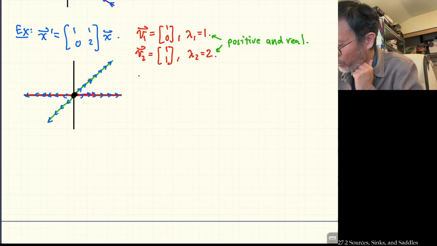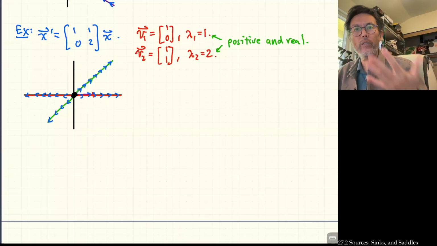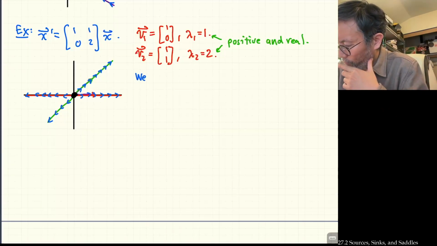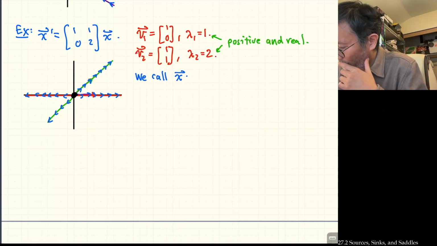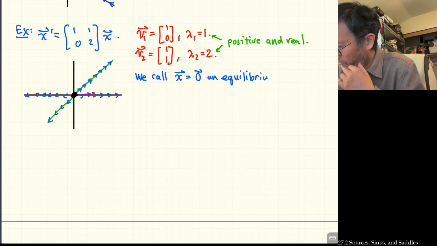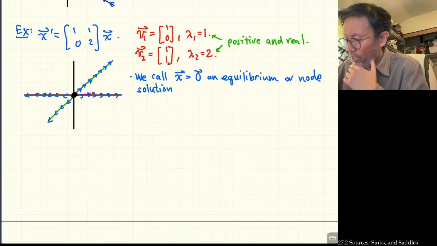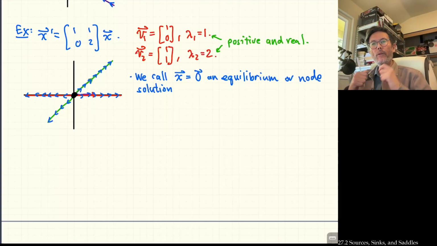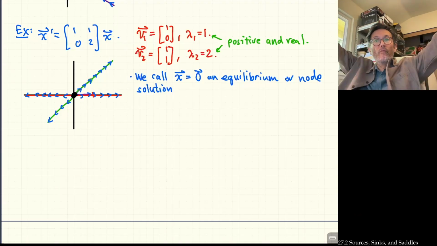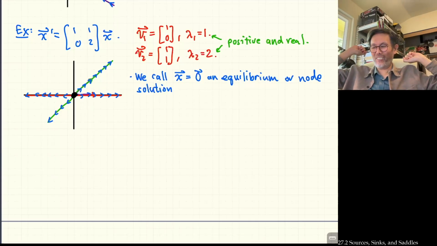So we call x equal to (0, 0) sometimes an equilibrium or node solution. So it's a solution, okay? But the feeling I want you to feel is that if I was to perturb a little bit away from x equal to 0, then I would zoom very, very far away from x equal to 0.